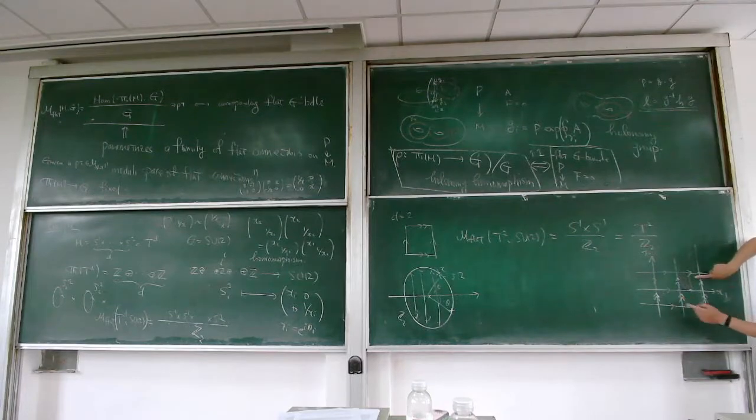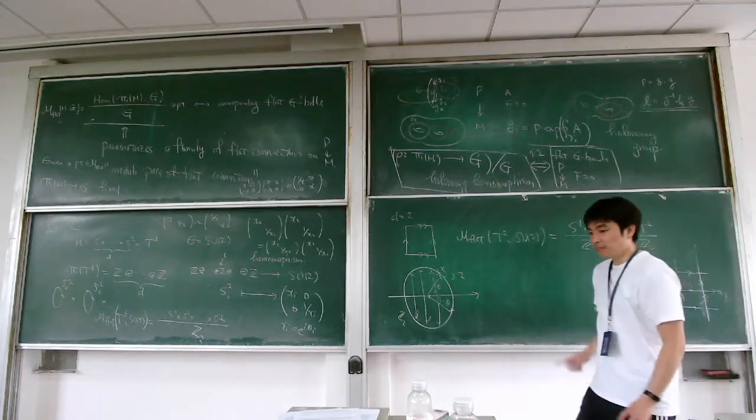So therefore, this point is identified with this point. And then similarly, this point is identified, it's opposite to the origin, with this point. In the fundamental domain, this point is identified with this point. Therefore, this torus is cut into half, and this region is identified with this region. Moreover, there's a fixed point.